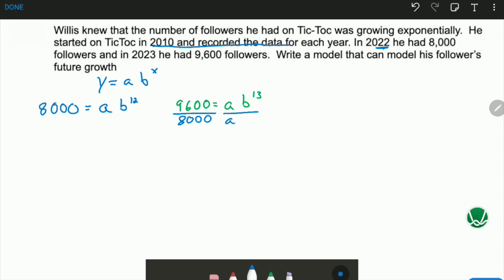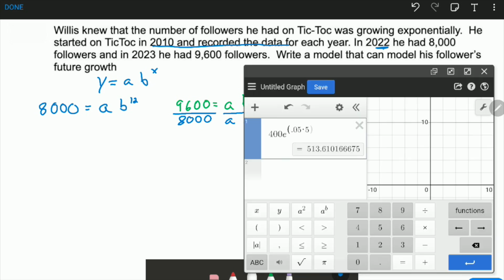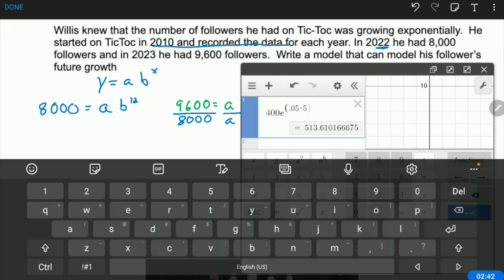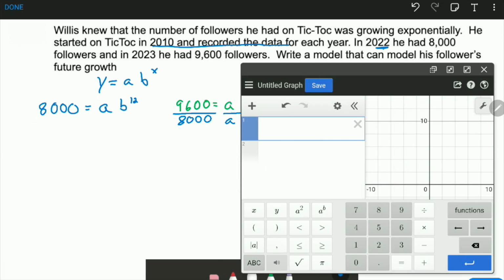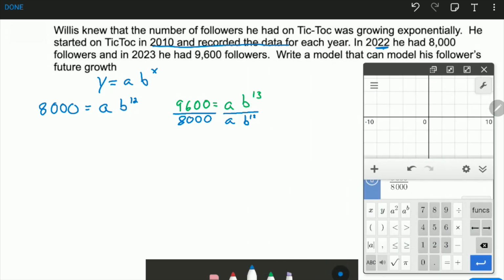What happens when we do this is, well, we will divide 9,600 divided by 8,000. Remember, we can do this because we do know that those are the same. We just don't know what those values are as of yet.